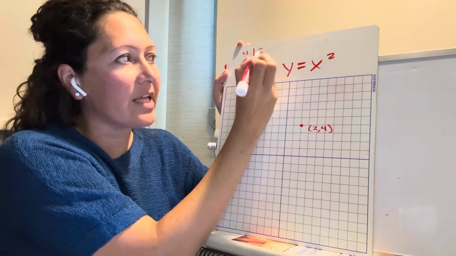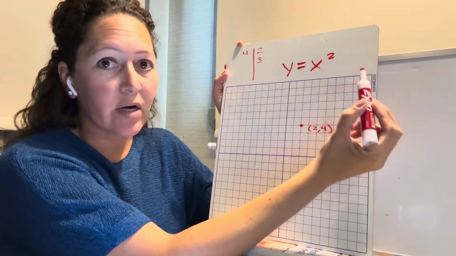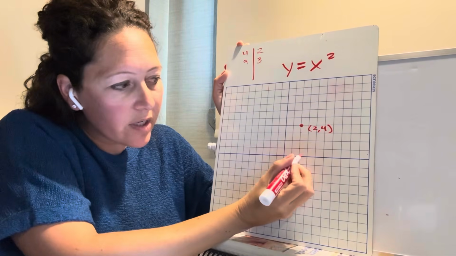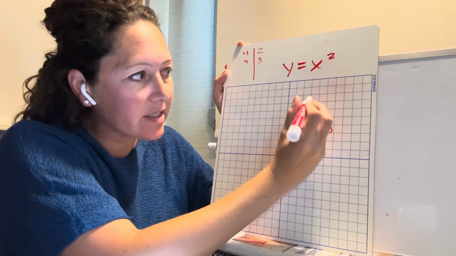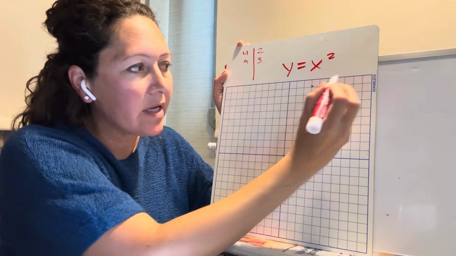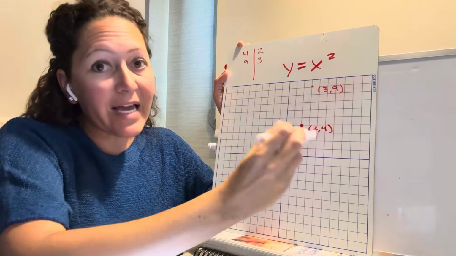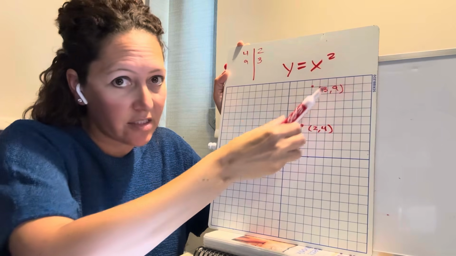This is my first point to plot on here. How about if I looked at 3, plugging in 3 for x, 3 squared, so y will equal 9. 1, 2, 3 over on my x, 1, 2, 3, 4, 5, 6, 7, 8, 9. So 3, 9 would be up here. If I kept plotting out numbers, I would notice that I do not have this nice straight line.